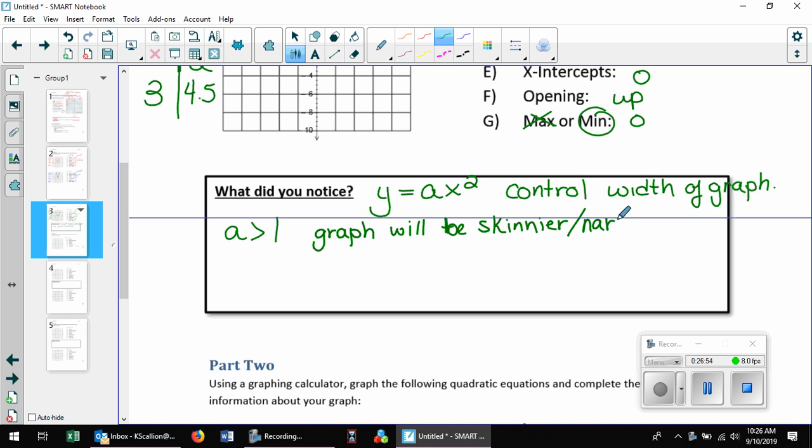Okay, technical math term, narrow. Skinnier, for me visually that makes more sense. Okay, so now if it's a fraction, what do we know about the graph?